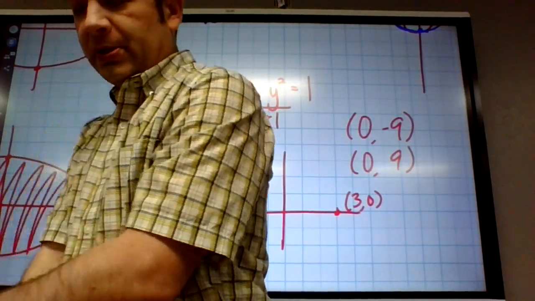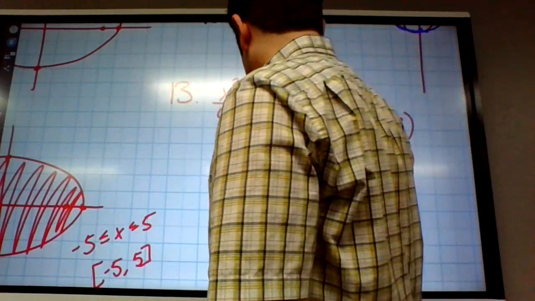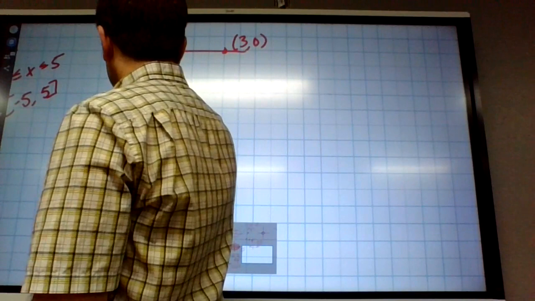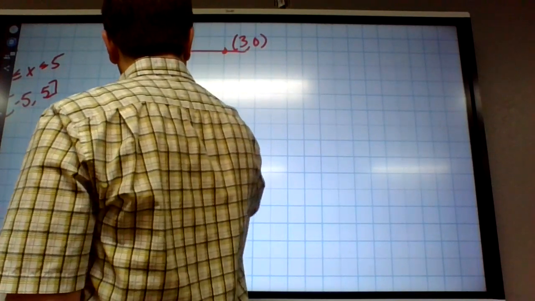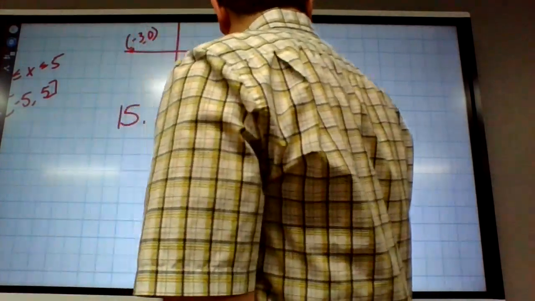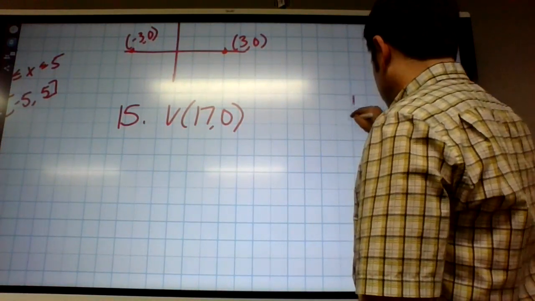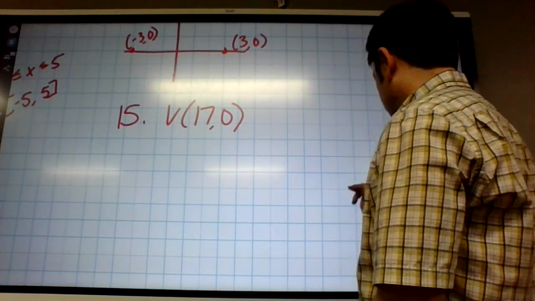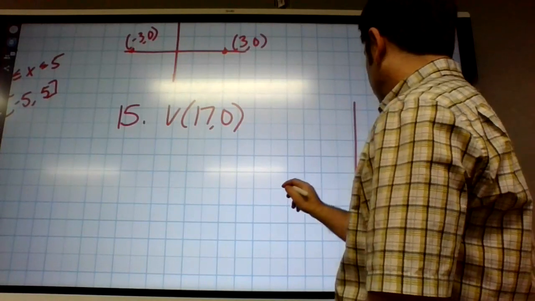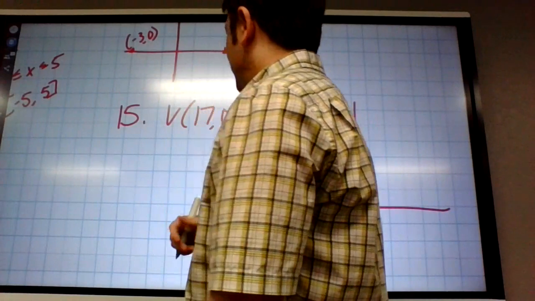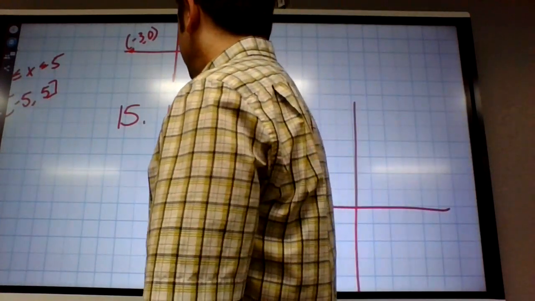All right. Number 15. The vertex is at 17, 0. Okay, kind of the same thing as last time, right?